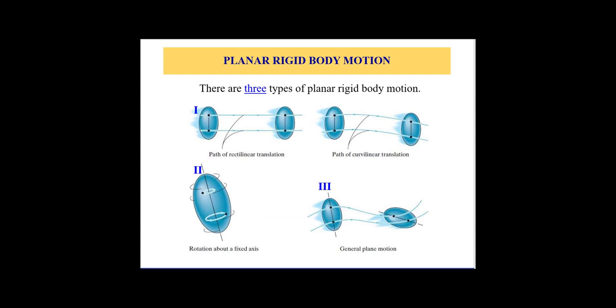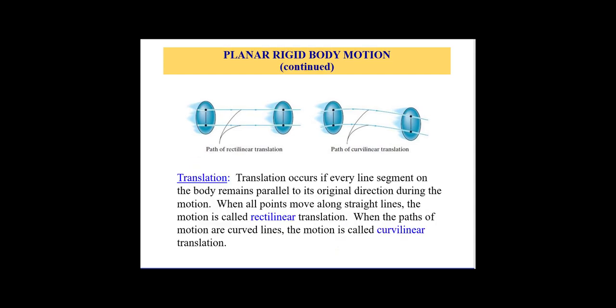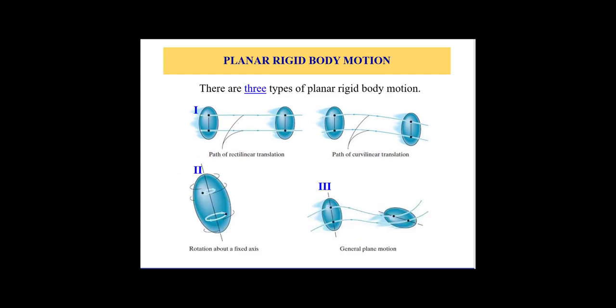So there are three types of planar rigid body motion. We have pure translation, or rectilinear translation, where every point within a body has the same characteristics as the other points.